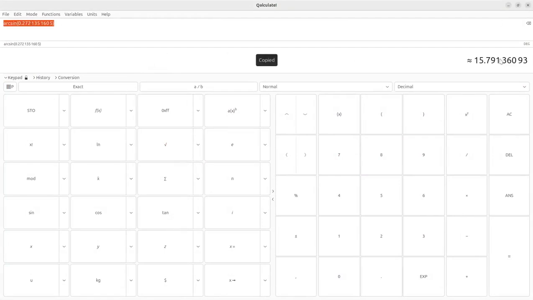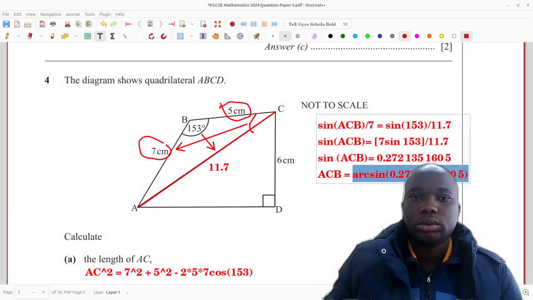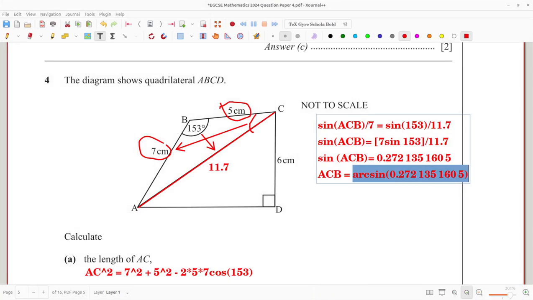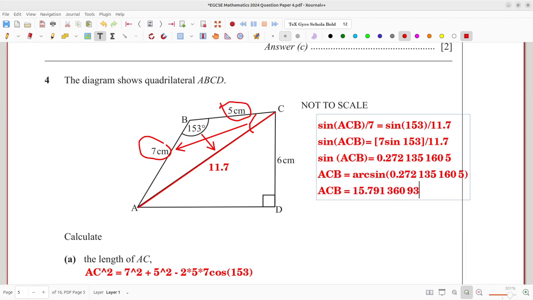This is the angle we are getting, 15 point something. So ACB is equal to 15.79136093, which is approximately, to 3 significant figures, 15.8 degrees.